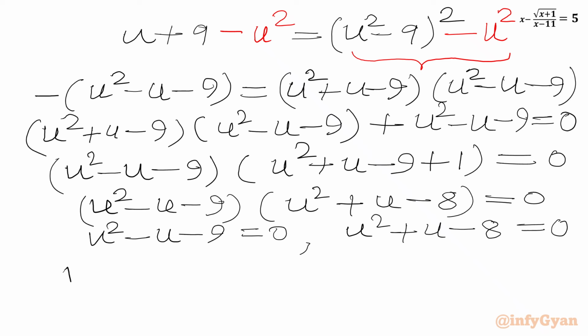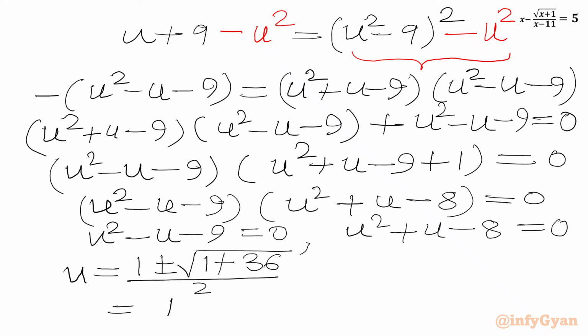So I can write here u equal to −b, so minus of minus 1, plus minus square root of b². So (−1)² is 1, minus 4 times 1 times −9, which will give us plus 36, over 2 times 1, which is 2. This will be equal to (1 ± √37)/2. So we have two real values.